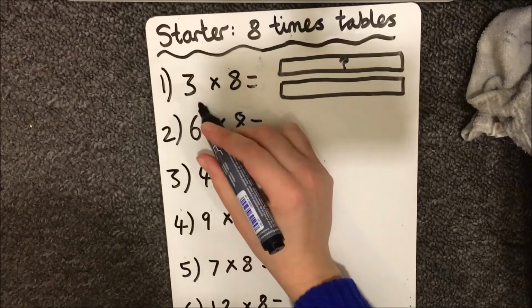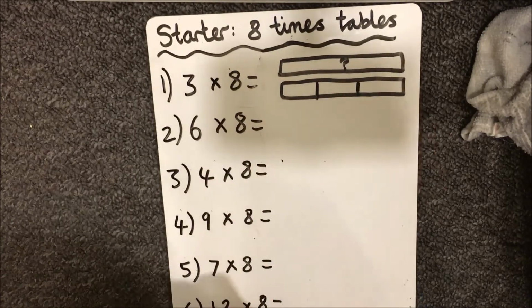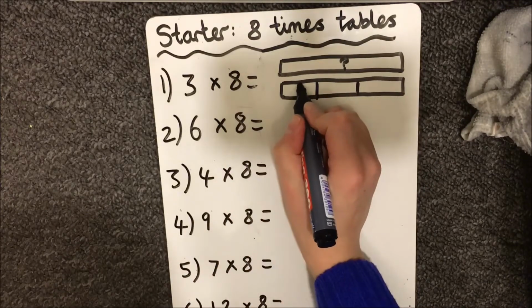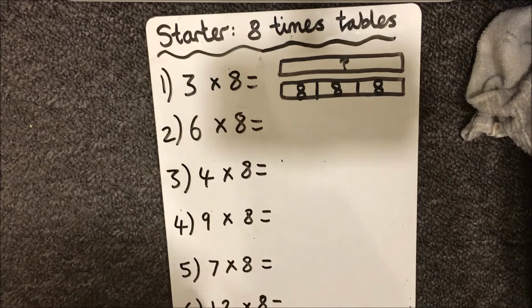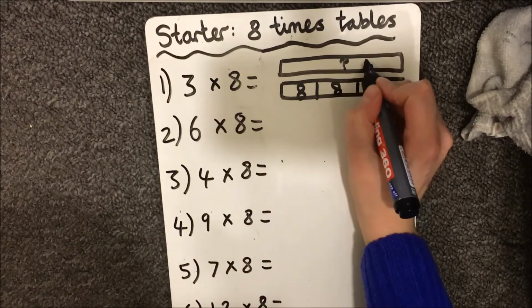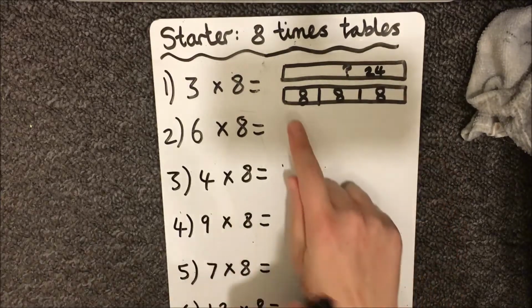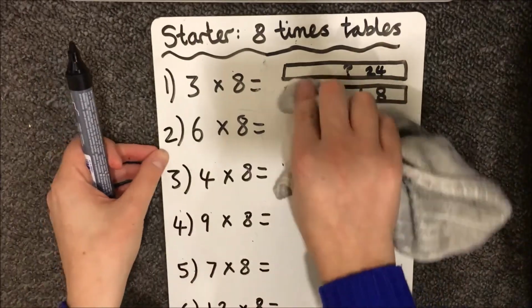I've then got how many groups of 8? I've got 3 groups of 8, so I need 3 parts, and on each part I need to write 8. Good job. Now, just like the array, I can count in 8. 8, 16, 24. Fantastic. 3 groups of 8 make 24.